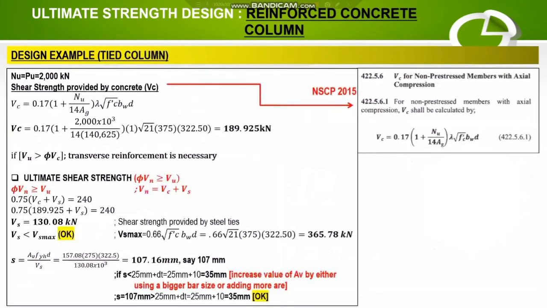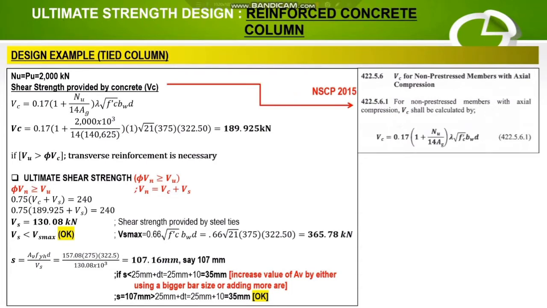Okay, so continuing with the design example for our tied column. Since we have already solved for our NU, which is also equal to our factored axial load, PU, of 2000 kilonewtons, the next step is to solve for the shear strength provided by the concrete, since we are given in the design problem the shear loads parallel to one side.